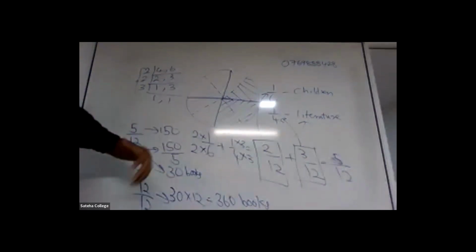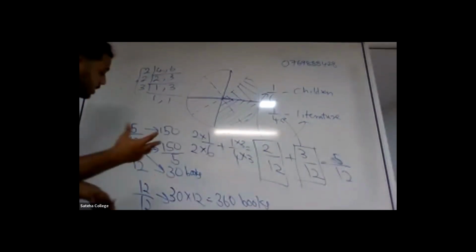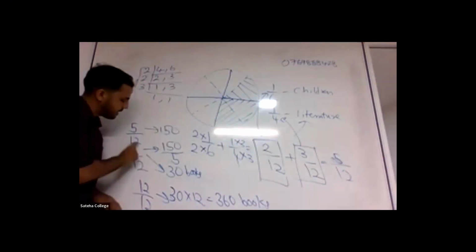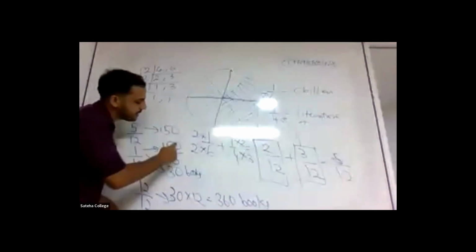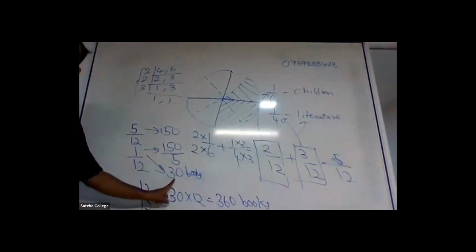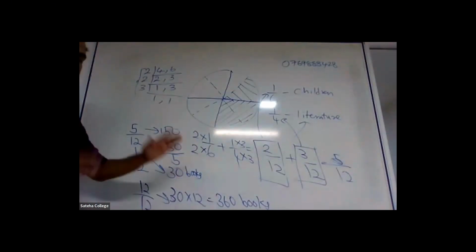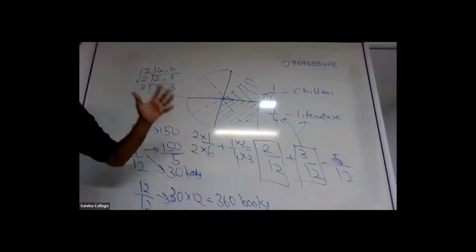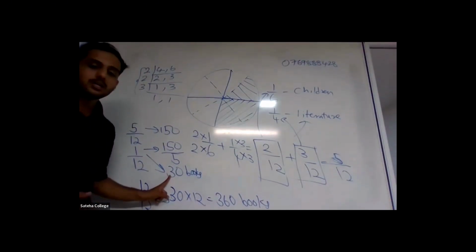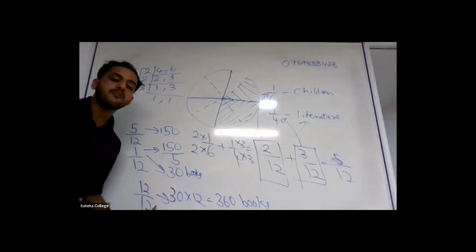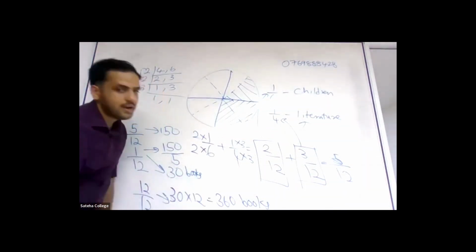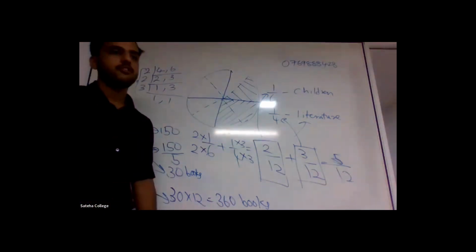So if 5 parts represent 150 books, 1 part will represent 150 divided by 5. So that is 30 books. Now you know, if you divide the total number of books into 12 parts, 1 part is equal to 30 books. Now easily you can find the total number of books. There are 12 parts, 30 into 12 will give you the total number of books.